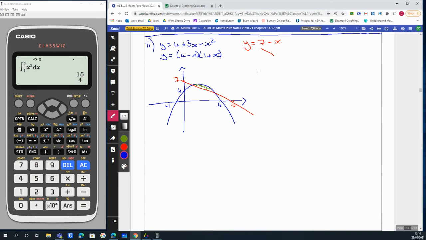So I want to work out what these points of intersection are. Always draw your vertical line, because they're going to be the limits, and that will tell us what our area is going to be. So the first thing I want to do is simultaneous equations to find a point of intersection.